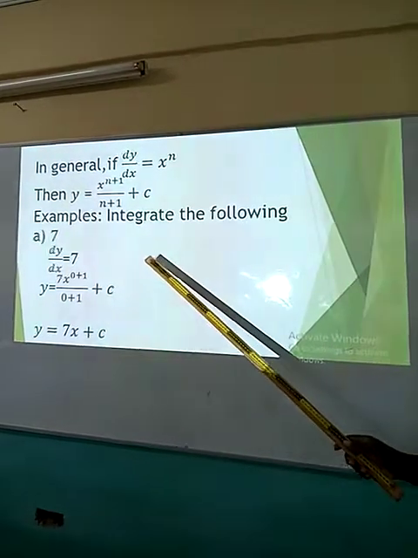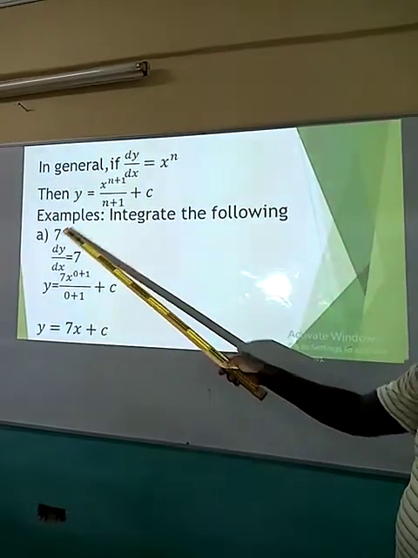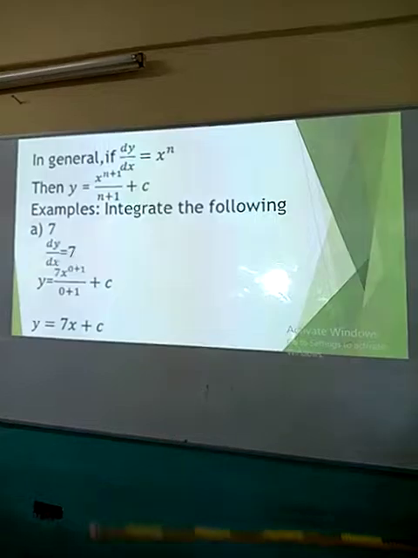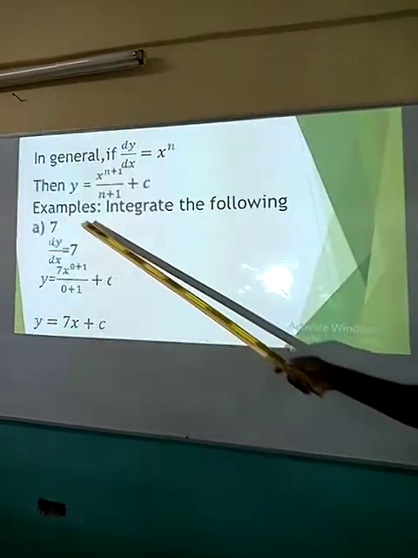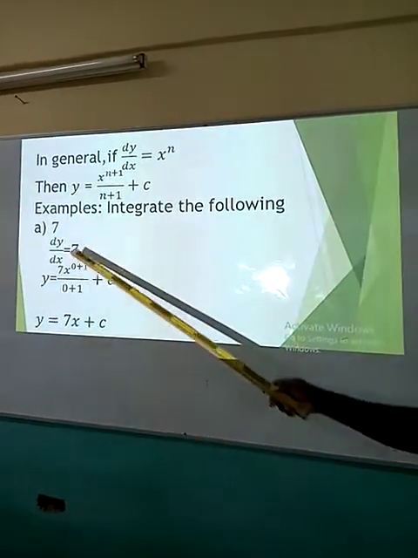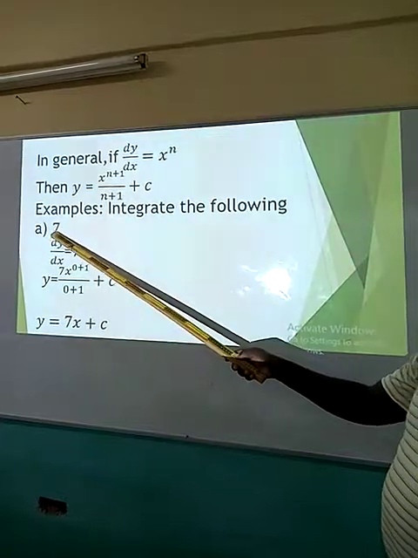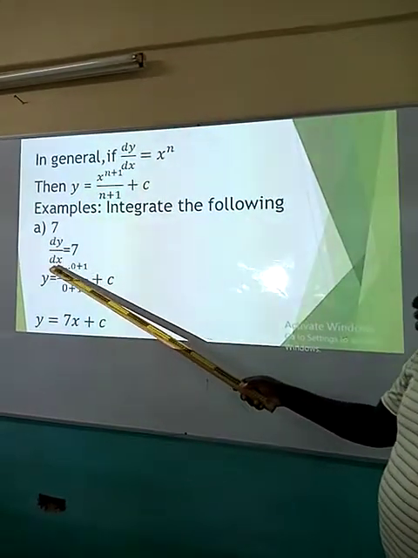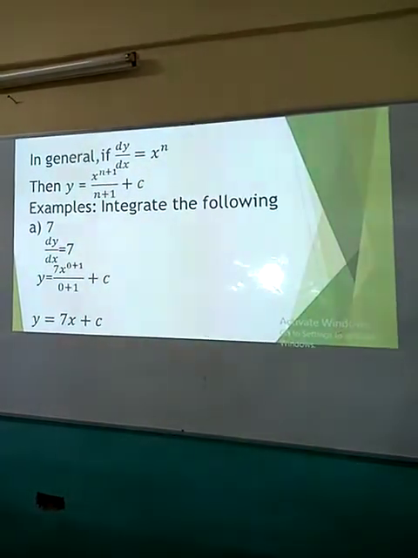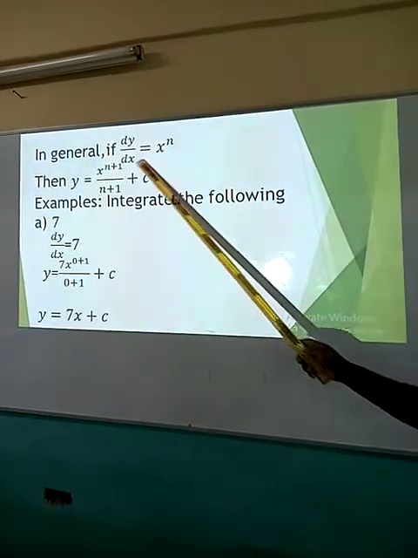Suppose we are to integrate 7, meaning that we are given a derived function to be 7. We start by saying dy/dx is equal to 7. Then we remember our process.